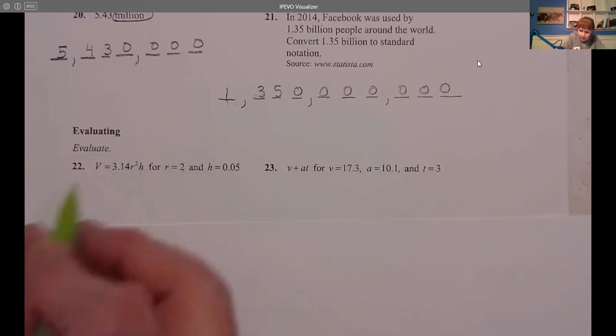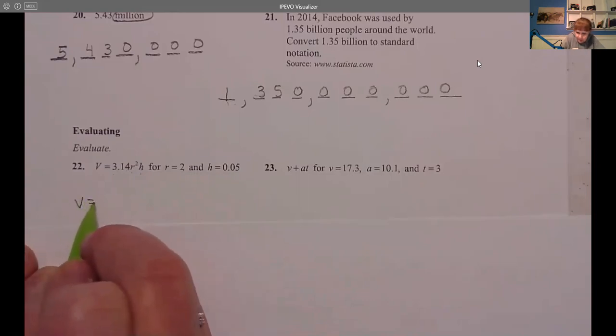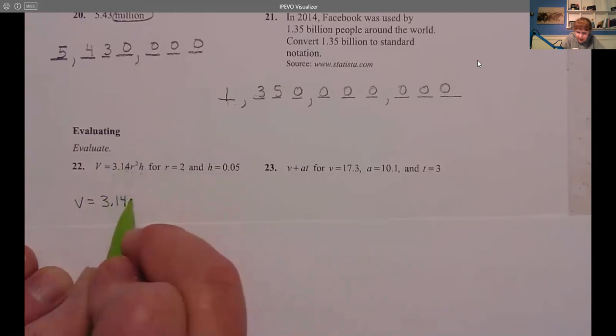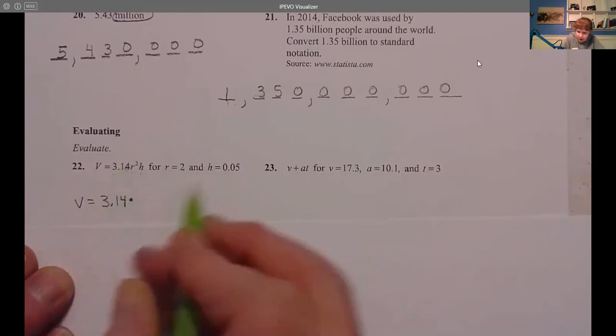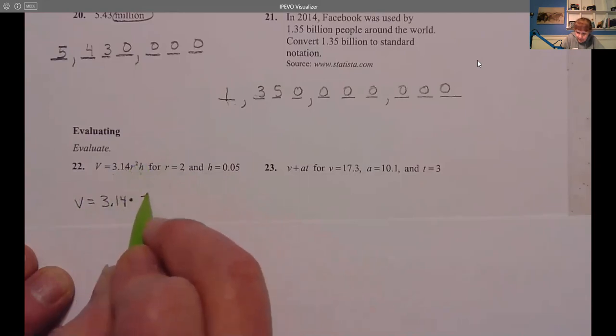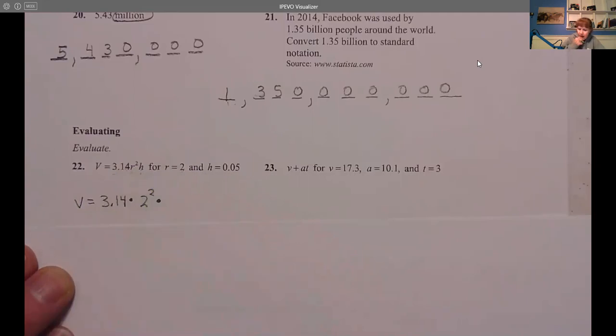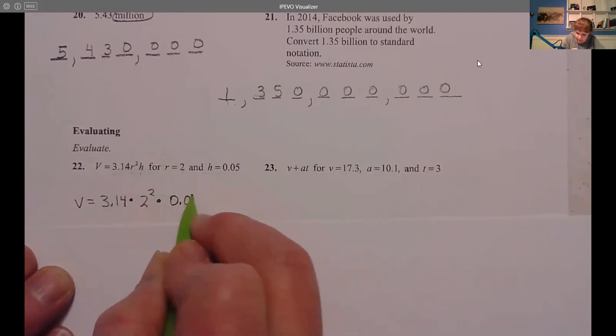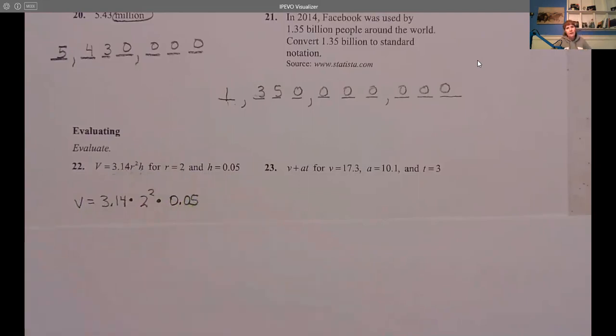So what we've got, we have the volume is equal to 3.14, that's part of the formula, times the radius squared, so 2 squared, times, because they're next to each other, so we're multiplying, 0.05. So I'll be multiplying those 3 together. In PEMDAS, you're going to do exponents before you multiply.